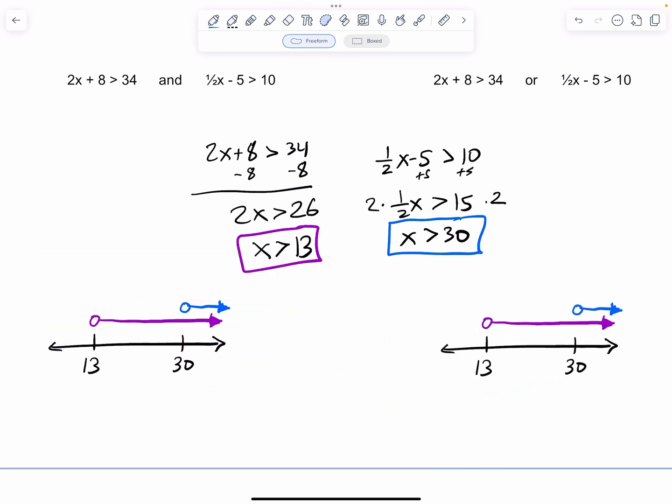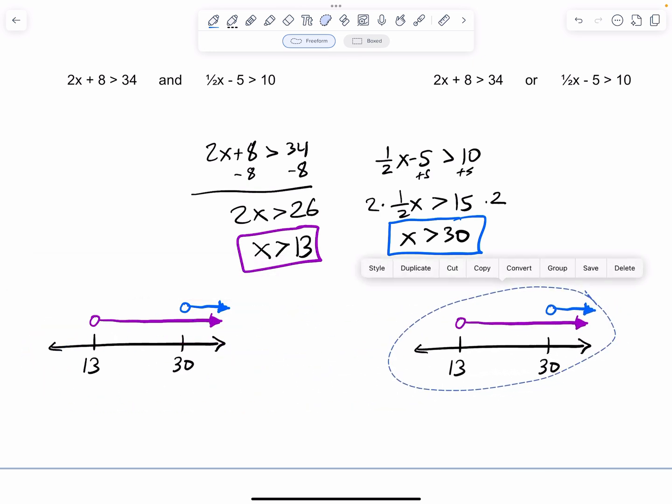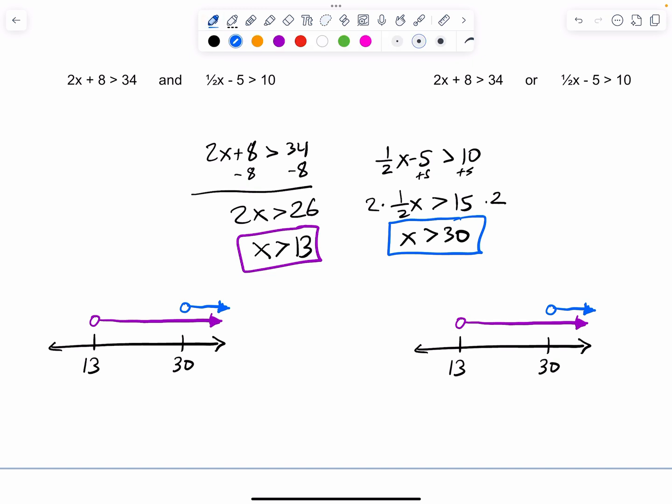Duplicate. Okay. Now we have to think of it two ways. If it says and, that means both. So where it overlaps. And where does it start overlapping? Not here.